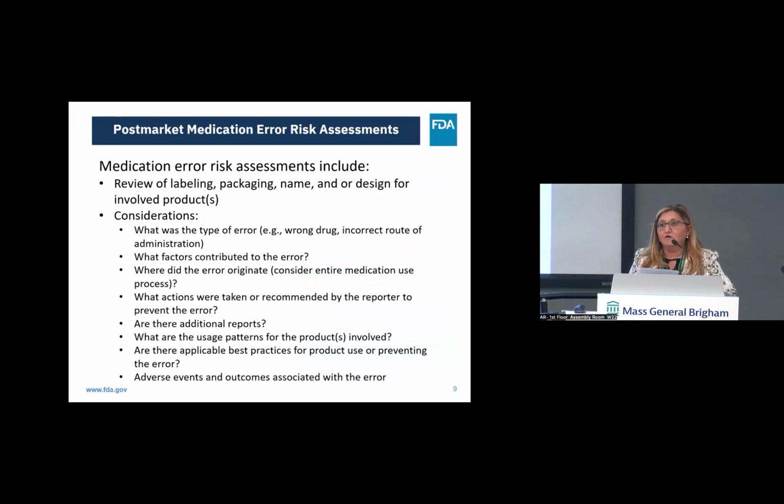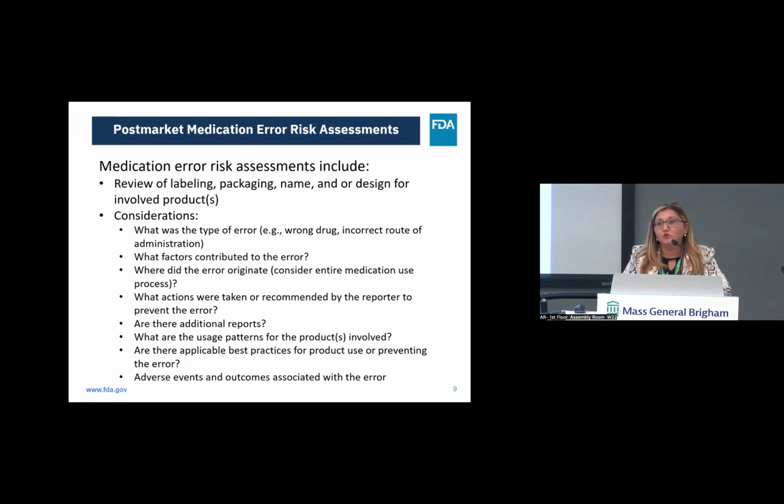In terms of considerations when we are evaluating this type of error, we are specifically trying to understand, if these errors happen, whether there are any additional reports that inform us. Most of the reports we receive, unfortunately, don't have all the information needed. Sometimes the reporter says this might be a potential for error, but does not provide any additional information.